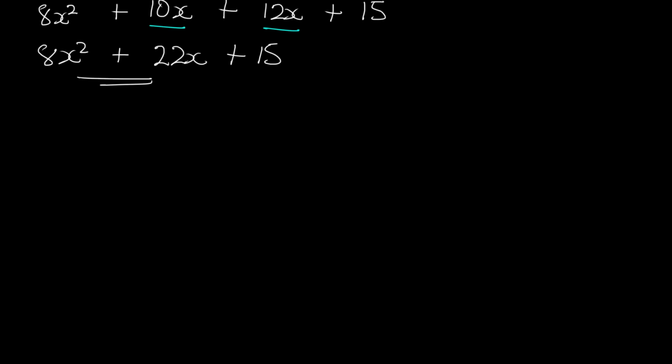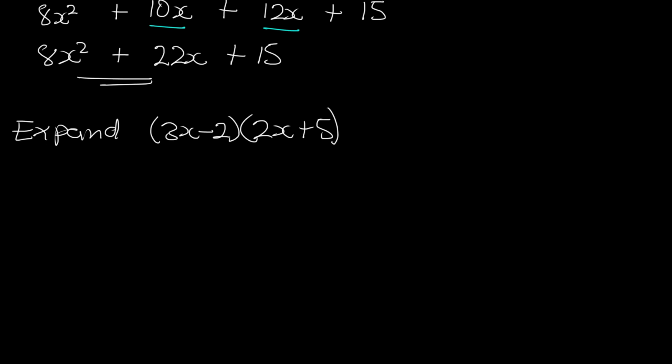The next example is expand 3x minus 2 times 2x plus 5. We use the same approach. 3x multiplies 2x, 3x multiplies 5. The next is to multiply minus 2 and 2x. And lastly, we multiply minus 2 and 5.